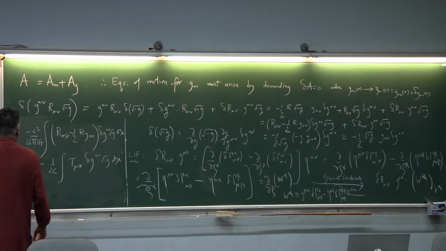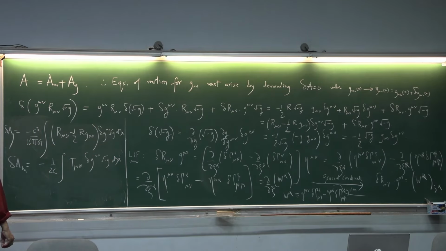And therefore, we demand that the metric tensor, when it evolves with time, when you have the solution, and you make tiny excursions about the true evolution of the metric tensor, then the tiny excursion should leave delta A as 0.